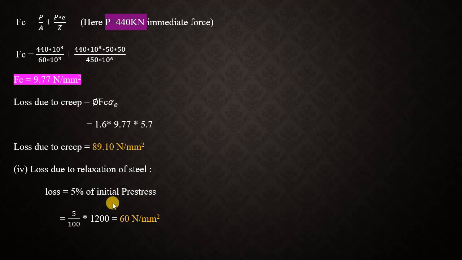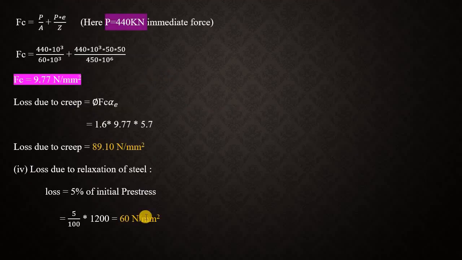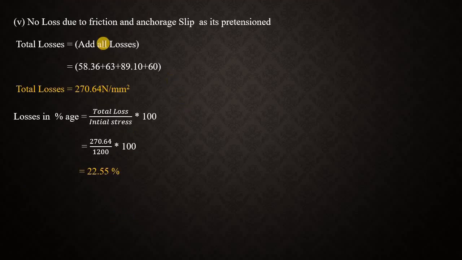Here remember one thing, it is 5% of initial pre-stress. This initial pre-stress is not the new stress which we have got. It is about the first initial pre-stress which they had directly given in the question itself. So consider that initial pre-stress for the calculation. So 5 by 100 into 1200 is 60 Newton per mm square.